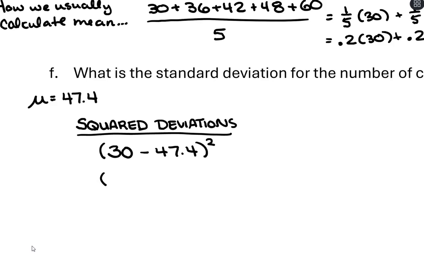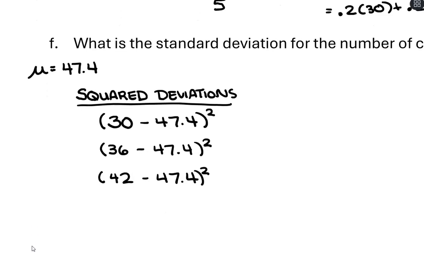And then I go to the next value, which is 36, minus the mean, square that. And we just want to make sure as we do this that we're including all of those pieces, that it's subtraction and that it's getting an exponent of 2 on it. 7.4 and square that. And then the last one is 60.